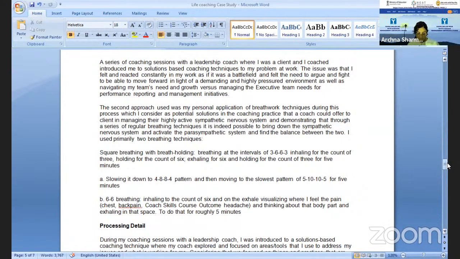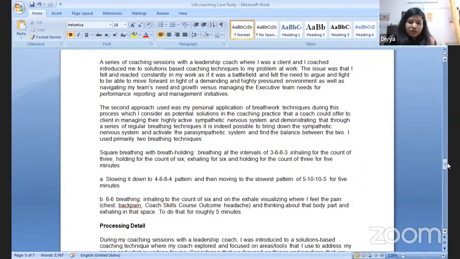So the person is using that square method technique, and there was one word, shifting from sympathetic to parasympathetic, something.